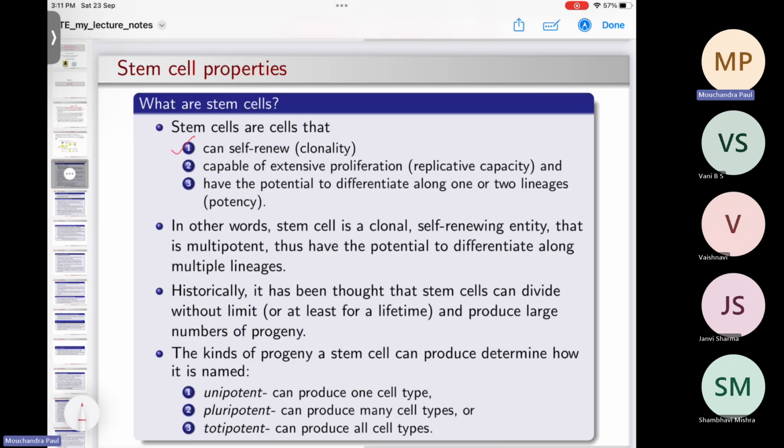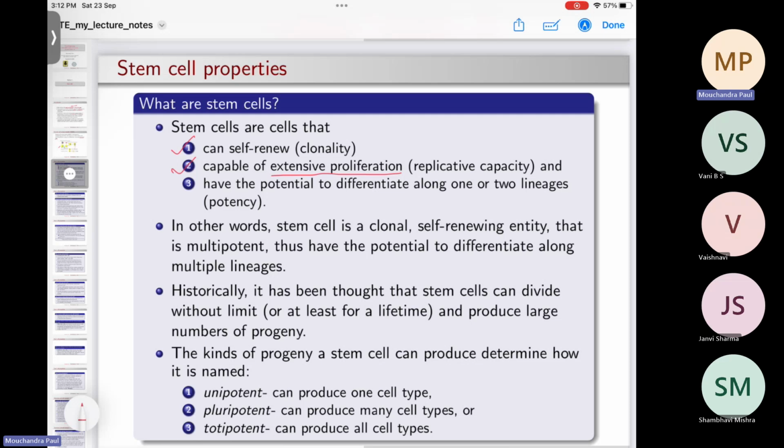It breaks apart and forms two daughter cells which are exactly identical to the parent cell. That is how clones are created. So stem cells can self-renew, means stem cells can create clones of itself. Then these cells have extensive proliferation capacity, or replicative capacity, means they can divide a large number of times to create a large number of cells.